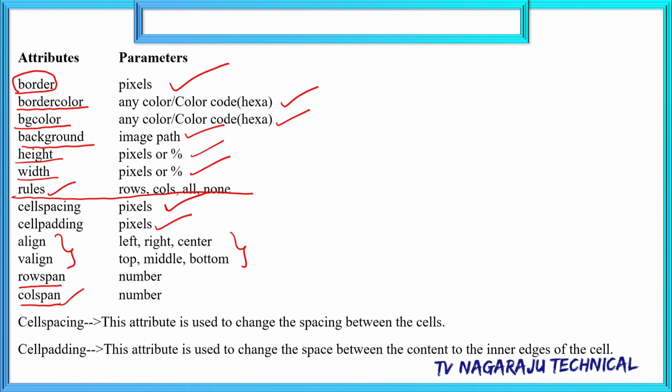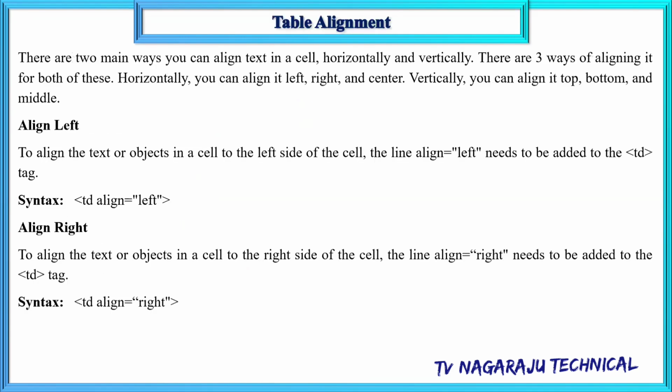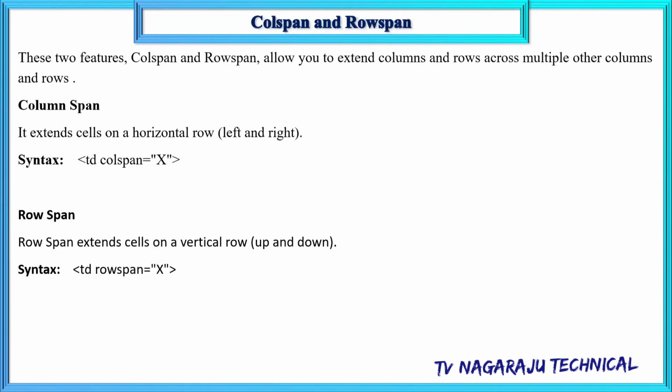Column span means merging the rows. We will move to this one. See this one? Column span extends the cells on the horizontal row. Row span is vertical.